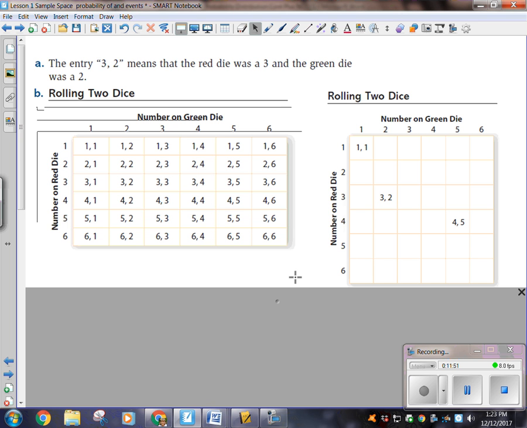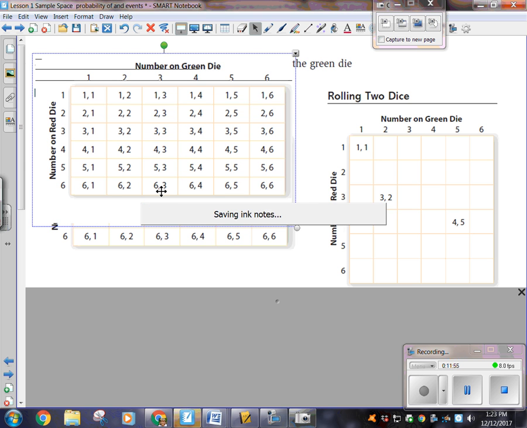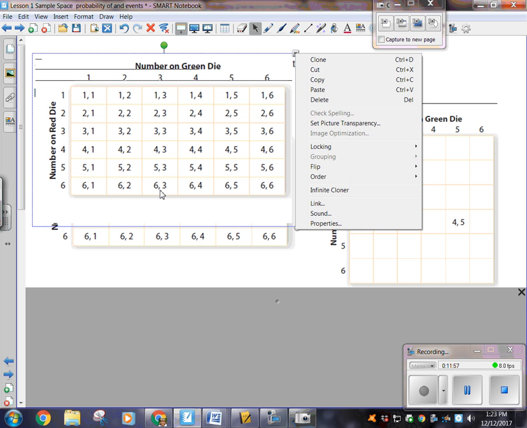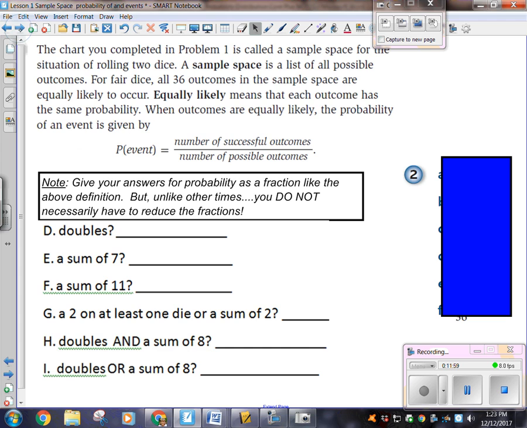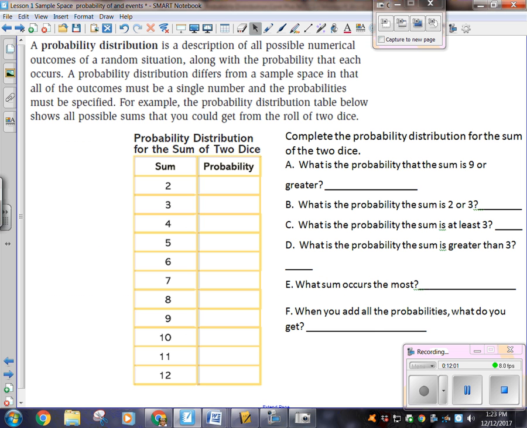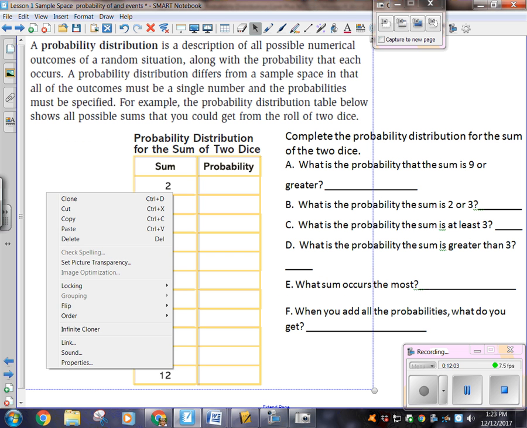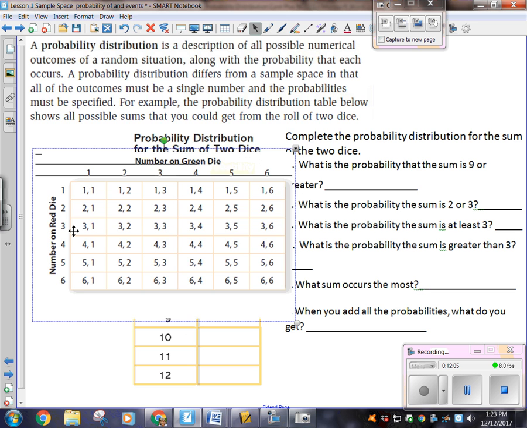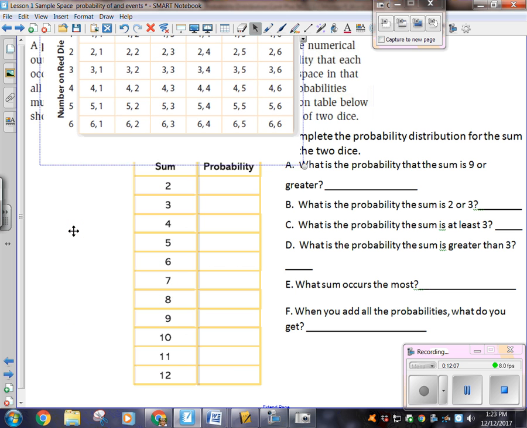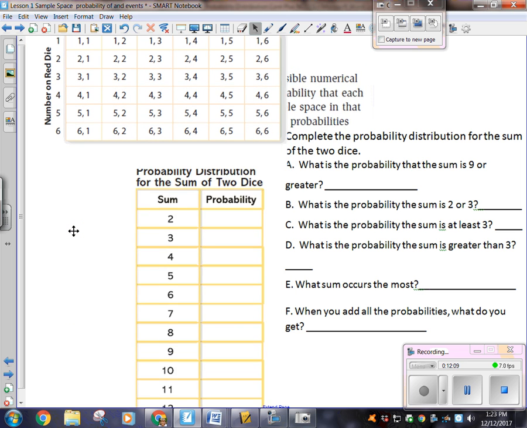I'm going to copy this to the other page so I can see it. All right, I need to use this and fill out this chart.